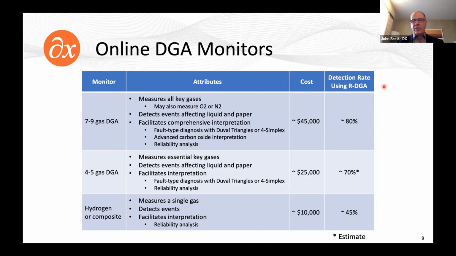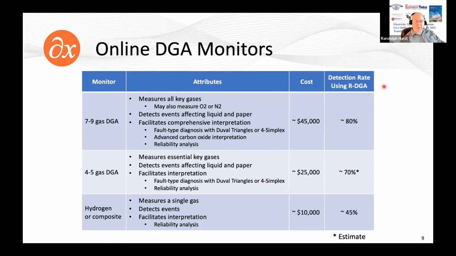It depends how careful people are taking care of their monitors, and whether they're being calibrated on a regular basis. There's a lot of variables there. The labs too, how diligent they are at taking care of their gas chromatographs and so on. They're all pretty good, but we have seen variances over time.